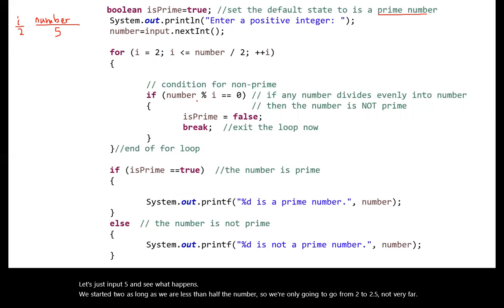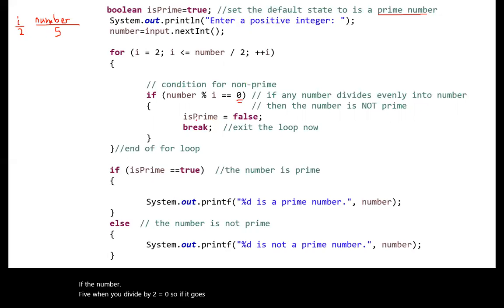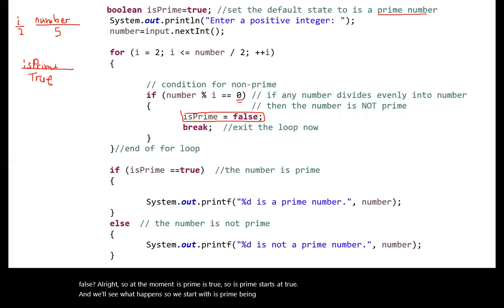If the number 5, when you mod by 2, equals 0, so if it goes in evenly, we have a variable called isPrime that we're going to set to false. All right, so isPrime starts at true. And we'll see what happens. So we start with isPrime being true. So let's check.